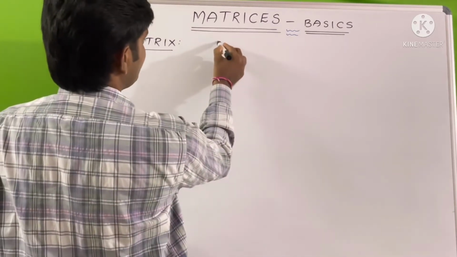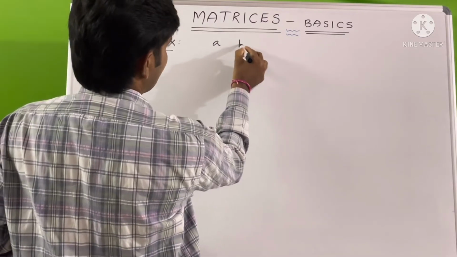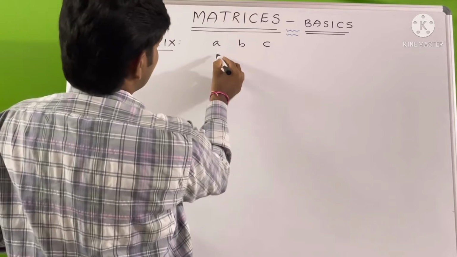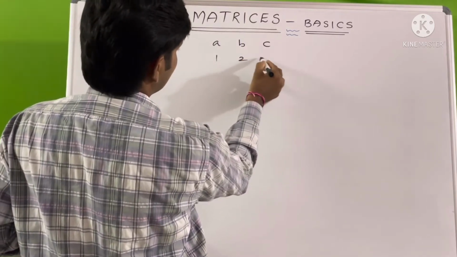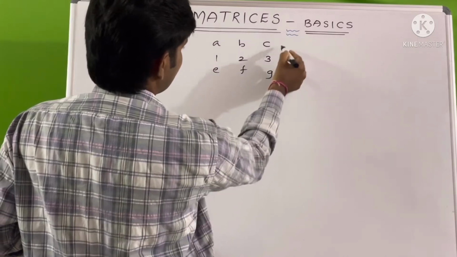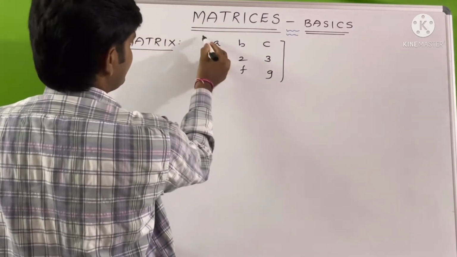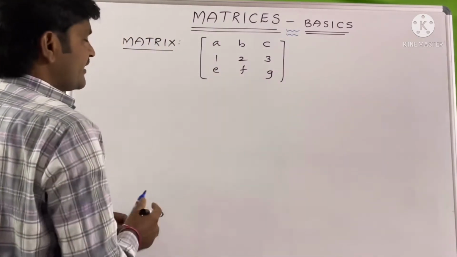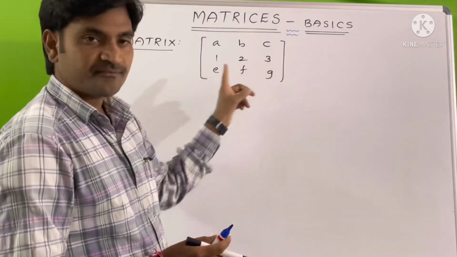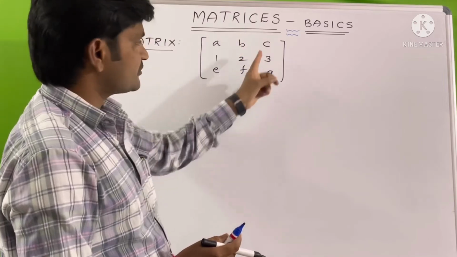Example, suppose A, B, C elements, and 1, 2, 3, E, F, G. These are some elements we form in rows. This is rows, okay, and columns.